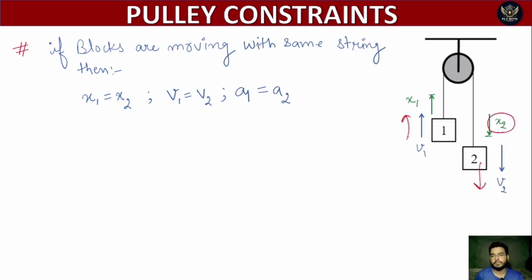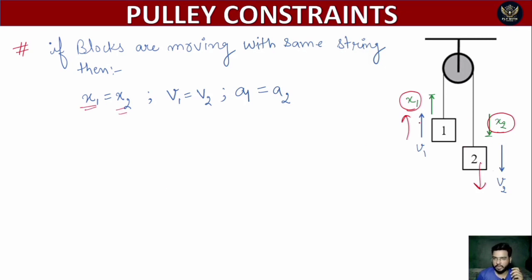Similarly, this mass is moving upwards, so this string is also moving upwards by x1. The string is the same, it is tied to mass 1 and mass 2. So the distance traveled by these two ends of the string is the same. So we can say that x1 is equal to x2.